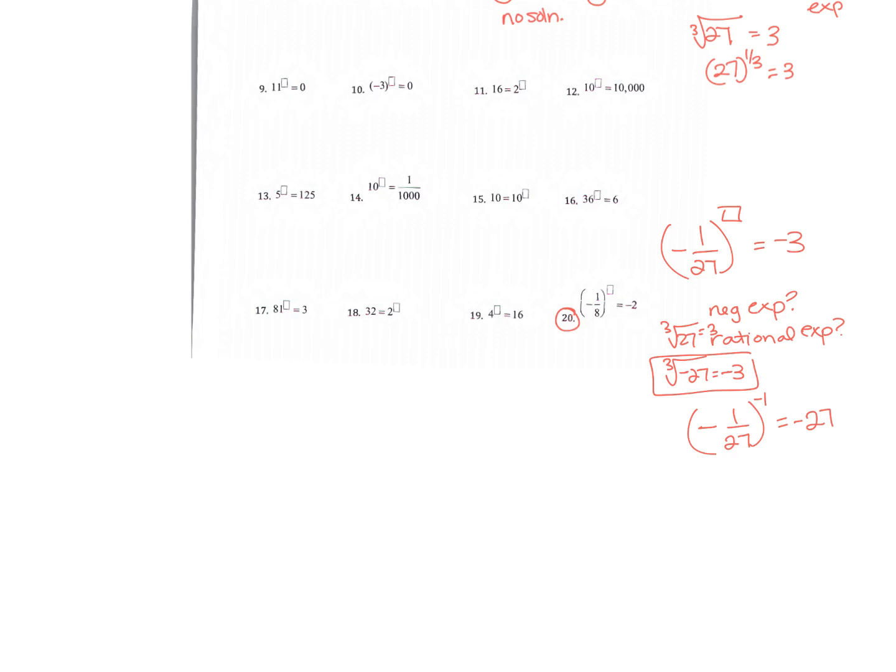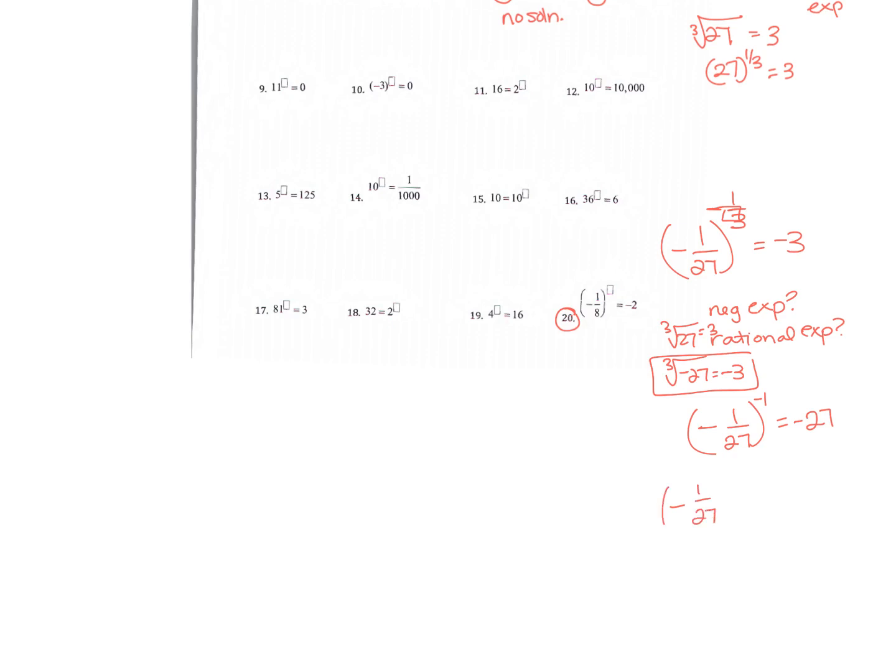So I think not only do I have to have a negative exponent here, but I also have to take the cubed root of this. I think it might be negative 1/3. Let's practice this down below, shall we?